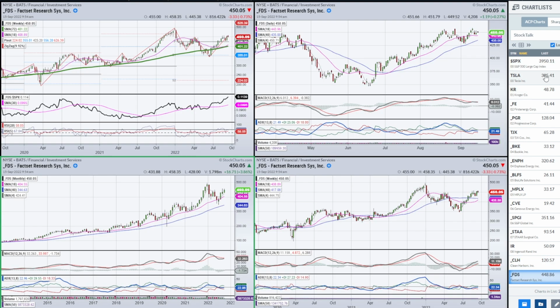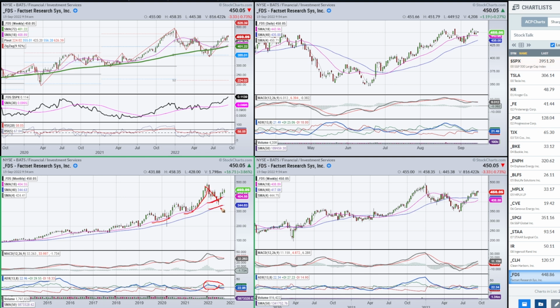Okay, so Factset, I am pretty impressed with this because look at this trend. I mean, we start comparing this to the market. This is impressive. We're making higher highs and higher lows on a monthly chart. We've got 18 and 40 rising at about the same rate. We've got confirmation of ADX on the last move to the upside. So I'm pretty impressed with that.